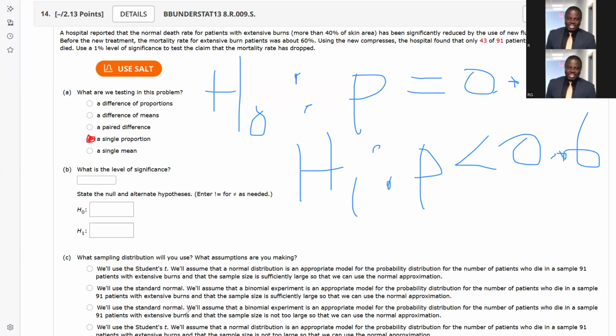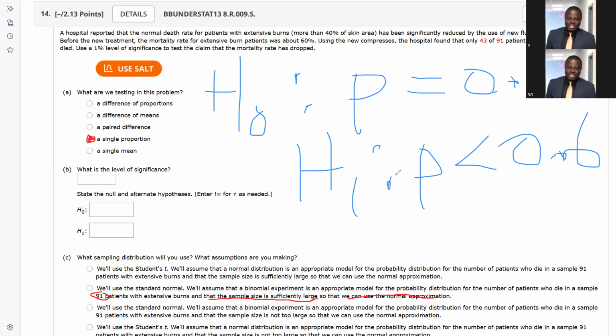Yep. So we're going to use this one because the sample size is significantly large, because we've got a 91. So we can use the normal distribution.